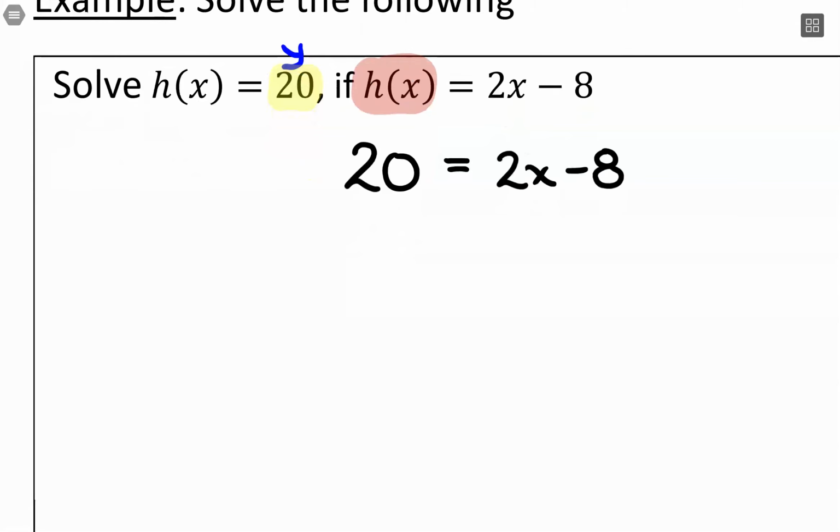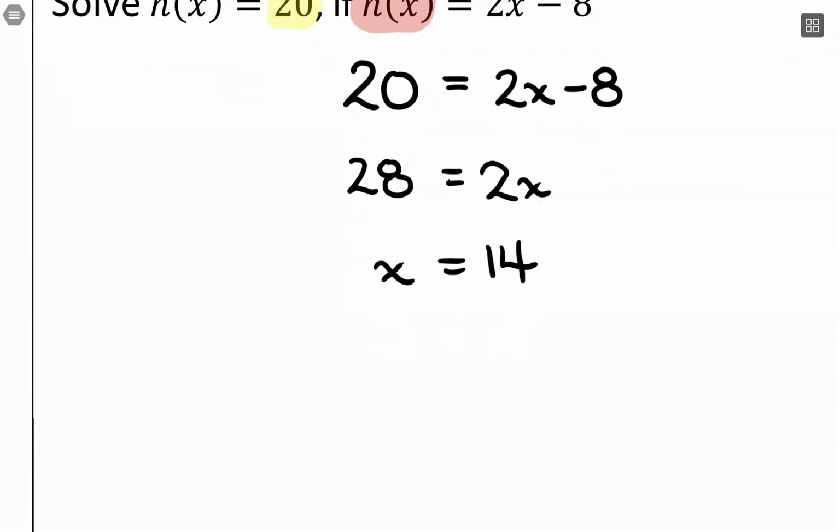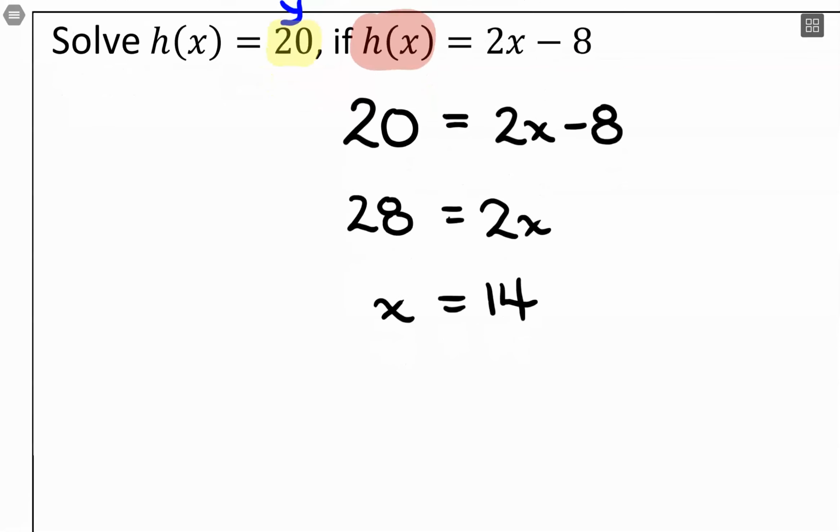And then I'm going to solve for x. So I'm going to add 8 to both sides, divide by 2, and that'll give us x equals 14. So what I could do is write this in function notation by taking this 14 and having it represent x. So we know that h of 14 equals 20.